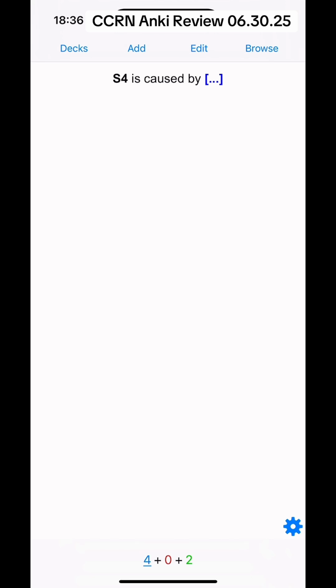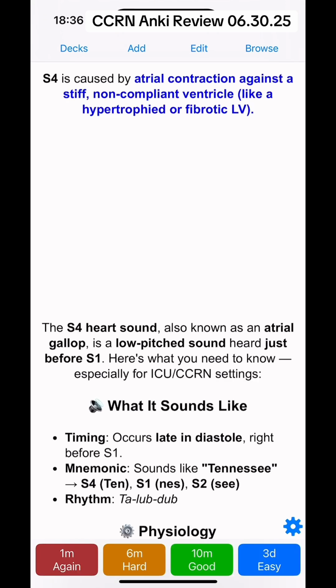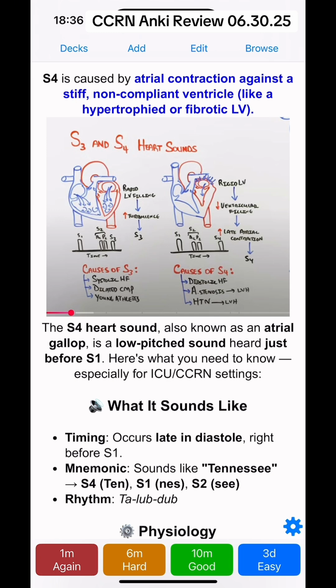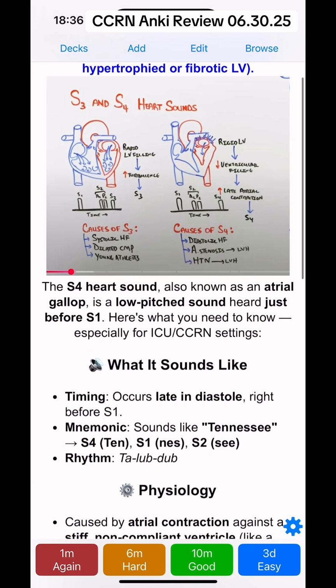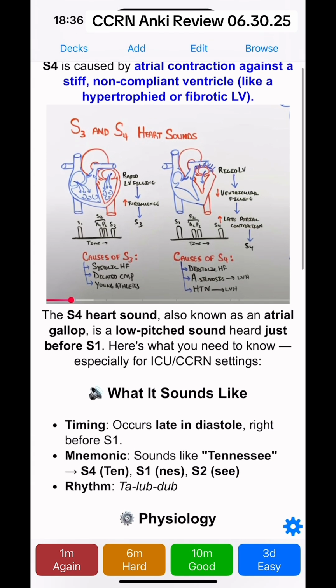S4 is caused by the forceful atrial contraction pushing into the ventricle hard because of stenosis. So it's the atrial contraction against a stiff, non-compliant ventricle. It's hypertrophy. You can see on this right side here, this heart, that ventricle is tough.